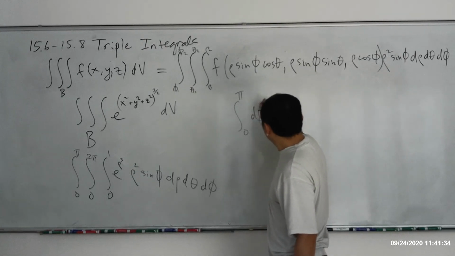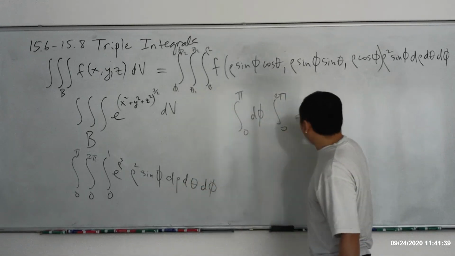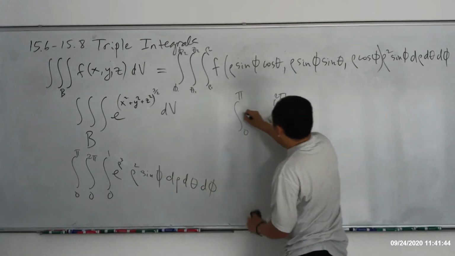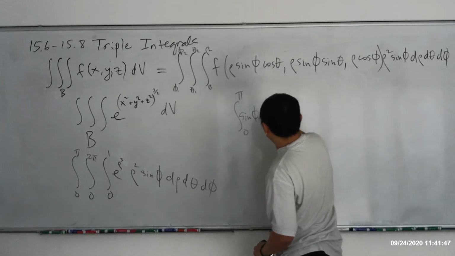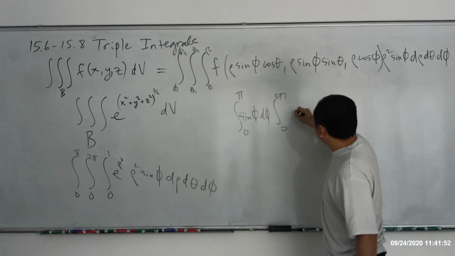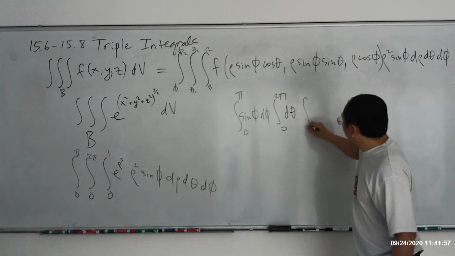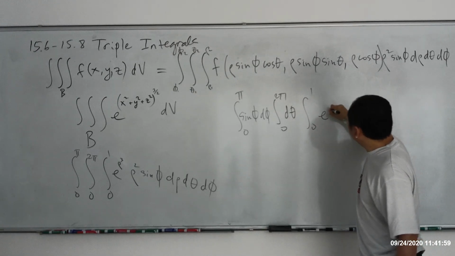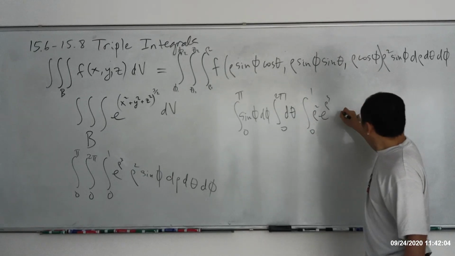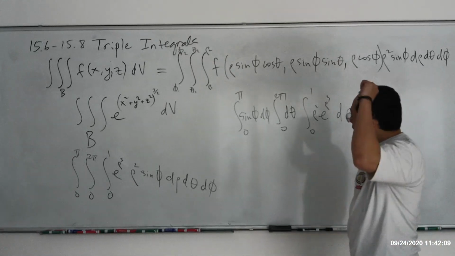Integral from 0 to 2 pi, and for theta, nothing, so just d theta. And then integral from 0 to 1 of e to the rho cubed times rho squared in front, d rho. So three separate single variable integrals.